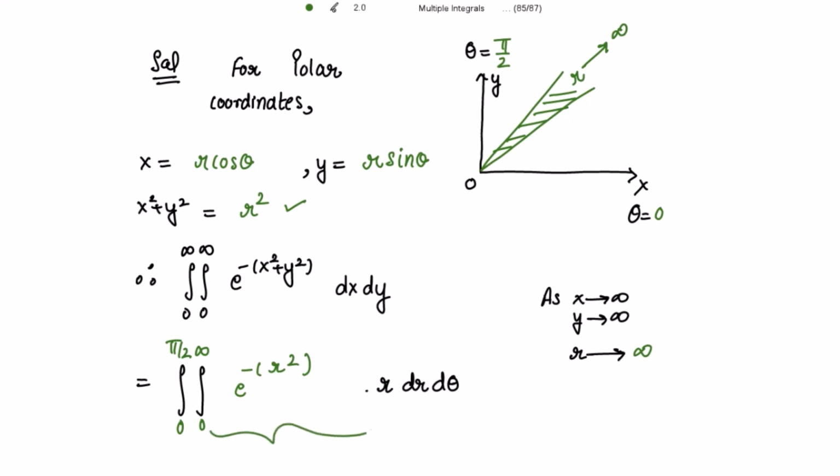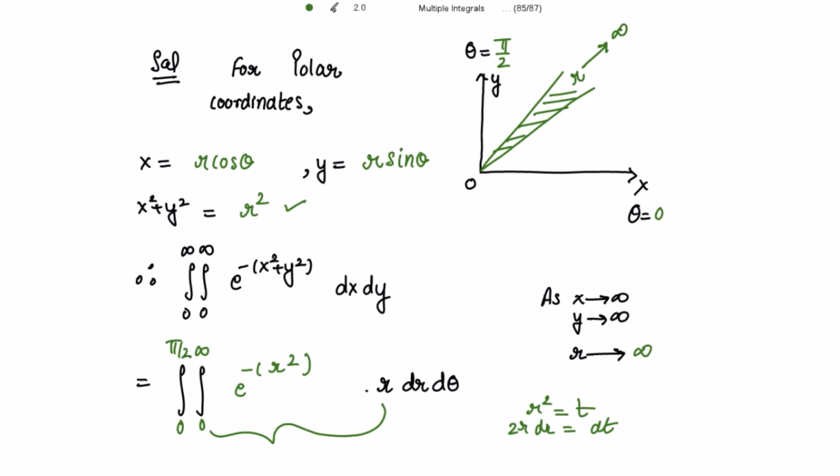First, the innermost integral has to be solved. Putting r square equal to t, you get 2r dr is equal to dt. When r is 0, t is 0. When r is infinity, t is infinity.